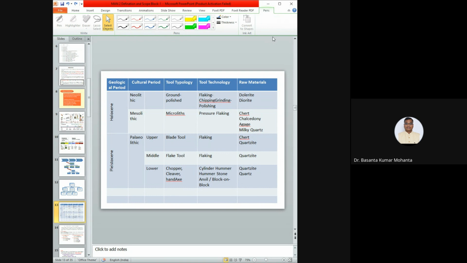The environmental archaeology. As we are very much aware that without the support of our local environment, no one will be able to survive, whether that is plant species or animal species, including the human being.